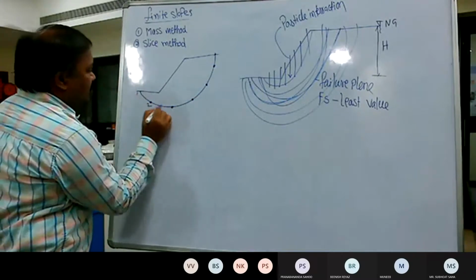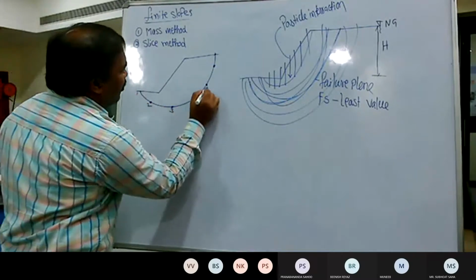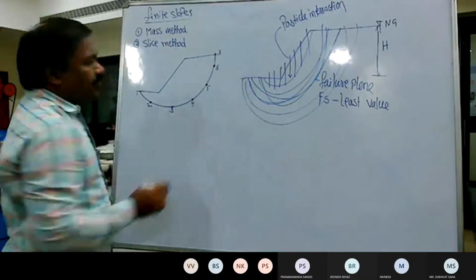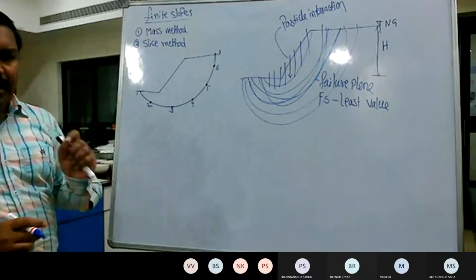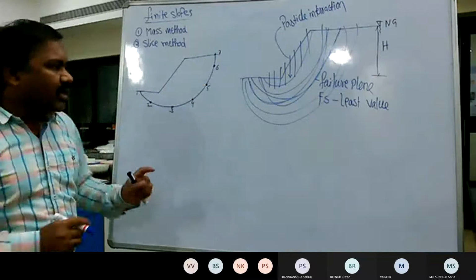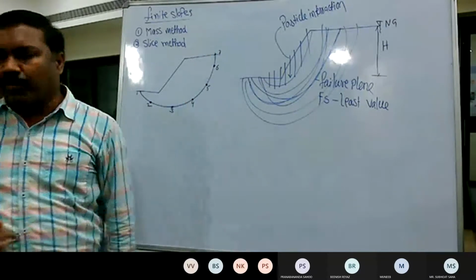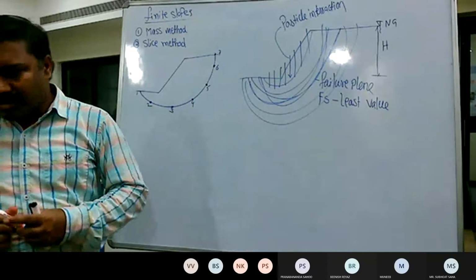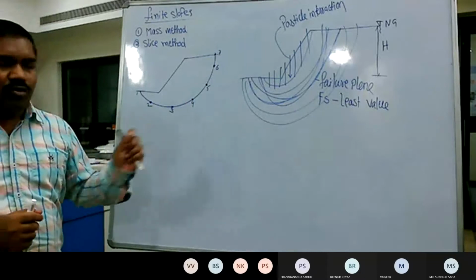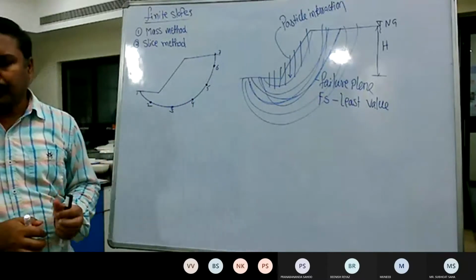I have marked points 1, 2, 3, 4, 5, 6, 7. Will any of you confidently say that the failure is triggered at any one of these points? If yes, what is the logic? If no, what is the disadvantage?